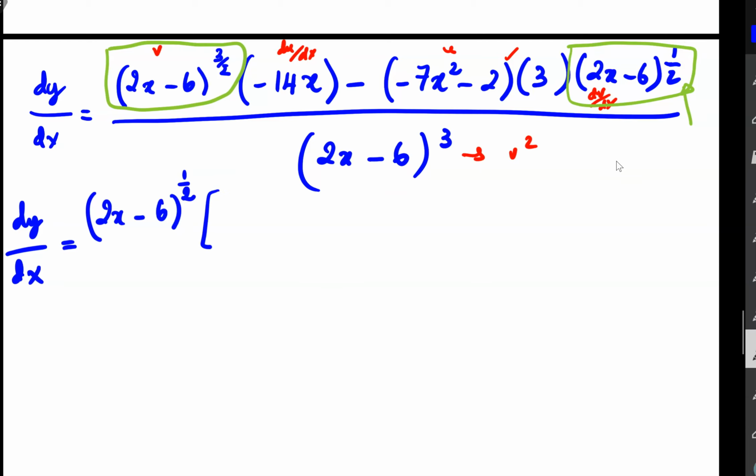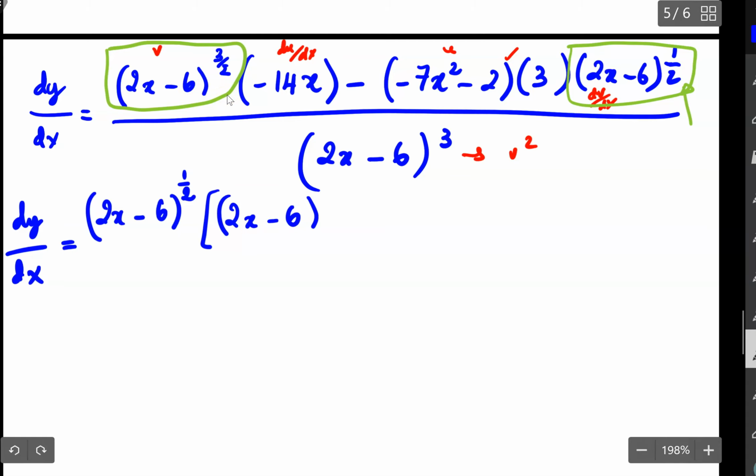Basically, what you have left in the bracket, for the first product, you will have 2x minus 6 raised to exponent 1. I don't have to write a 1.